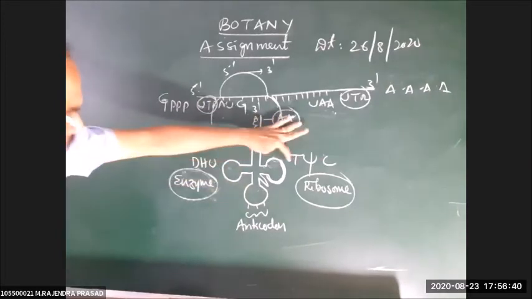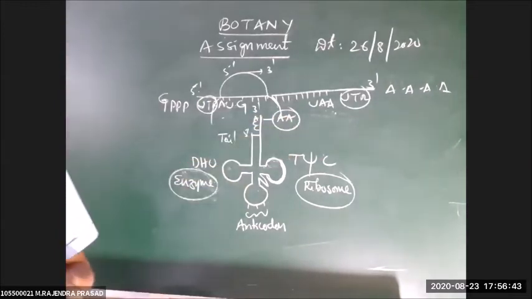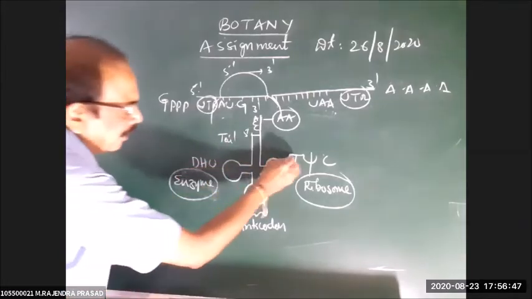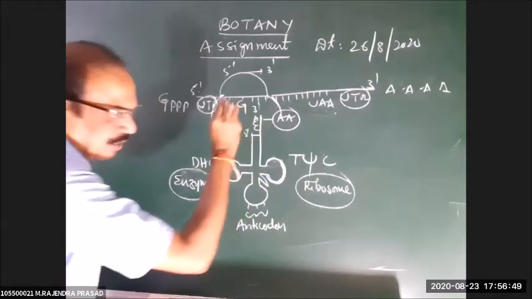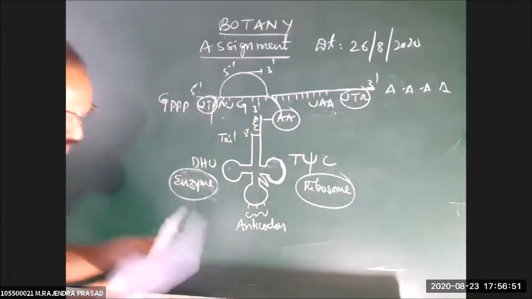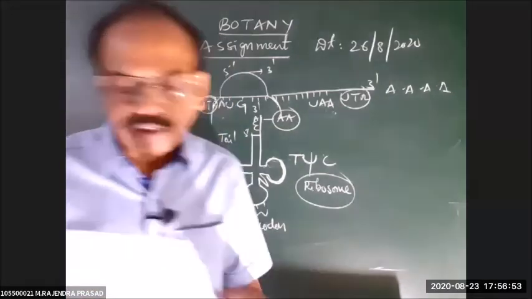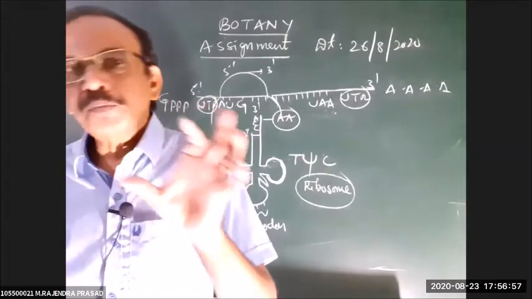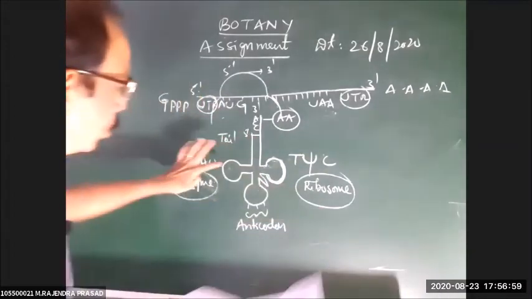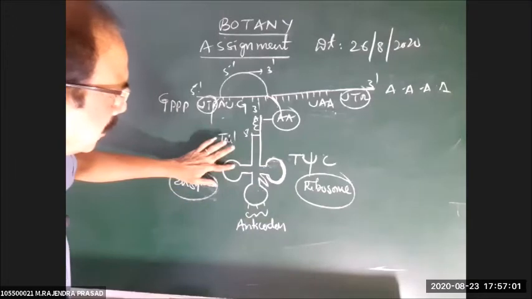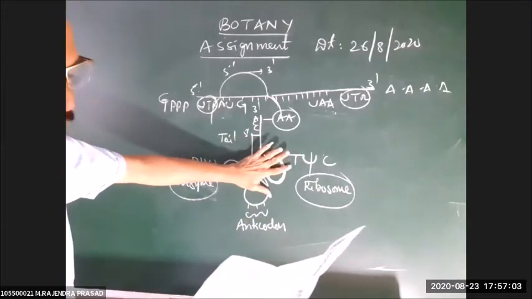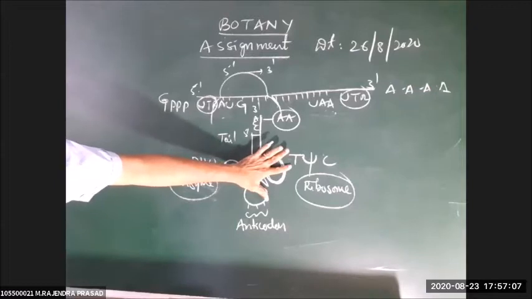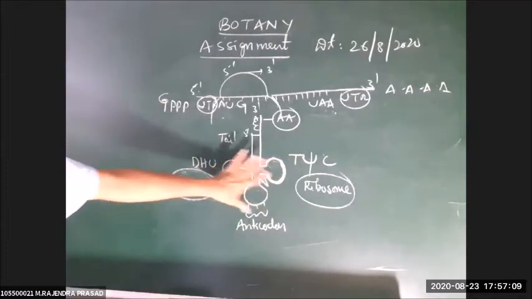In these two loops, both usual and unusual nitrogen bases are present: dihydrouridine in the DHU loop, and in the T-psi-C loop, pseudouridine. So both usual and unusual nitrogen bases are present in the loops. So the right answer for this question is the third option, that is both usual and unusual nitrogen bases are present.